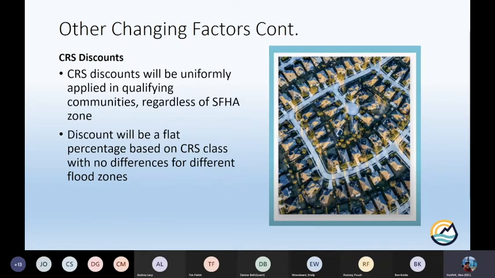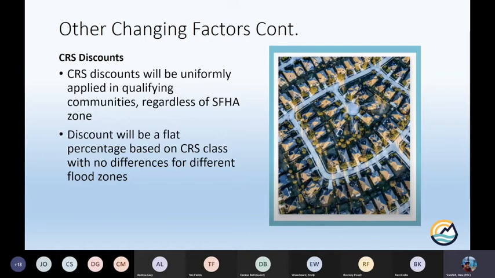We're going to use Louisville. Louisville is a CRS Class 3. They get a 35% discount for structures in the floodplain. Structures out of the floodplain, even though they're a Class 3, only get a 10% discount. Class 8 policies would get a 10% discount in the floodplain, 5% outside.